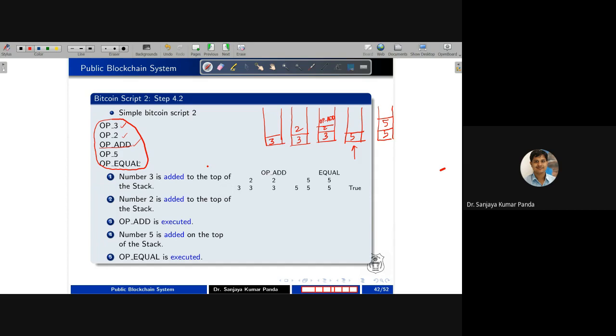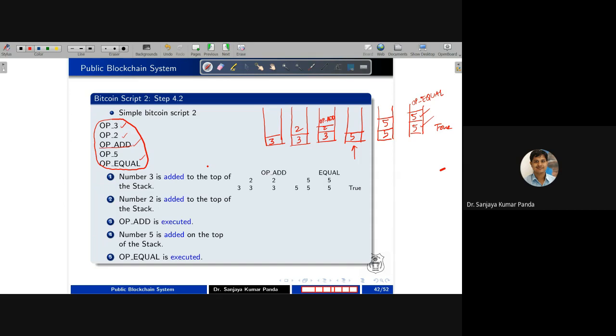Now the last instruction says OP_EQUAL. The stack content is 5 and 5, and you are checking OP_EQUAL. It has to pop two values from the stack and check whether both values are the same or not. If you pop these two values 5 and 5 and compare, you will get 5 is equal to 5, so this will return true.